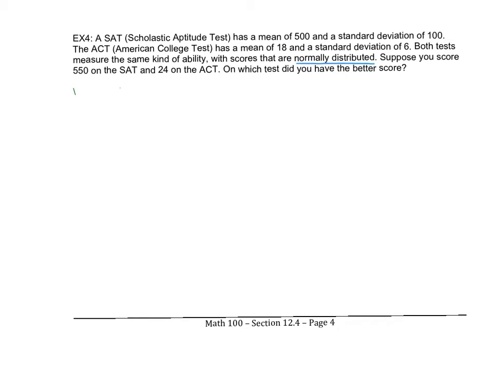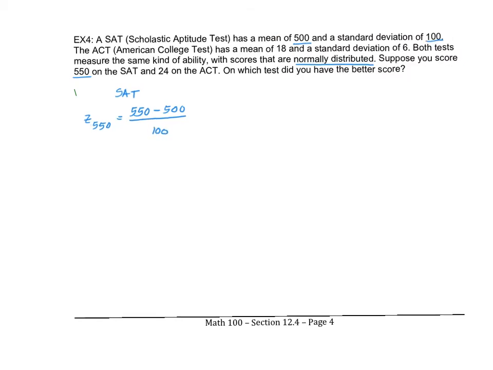Let's look at SAT first. We're trying to compute a z-score. We scored 550, so that's our data item, 550. We subtract the mean, which was 500, and we divide by the standard deviation of 100.